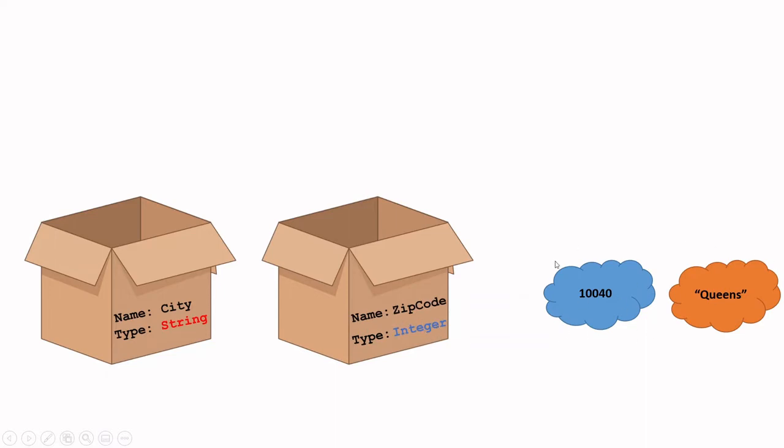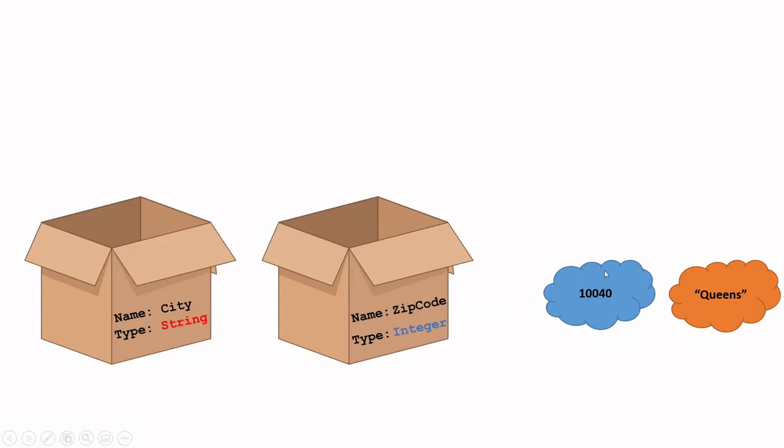Now we have two pieces of data here. We have 10040, and we have Queens in quotation marks. Queens here is text, which means it is a string value type. 10040 here is a whole number, and therefore it's considered an integer. So the blue value here is compatible with the container that is named zip code and has the type integer.